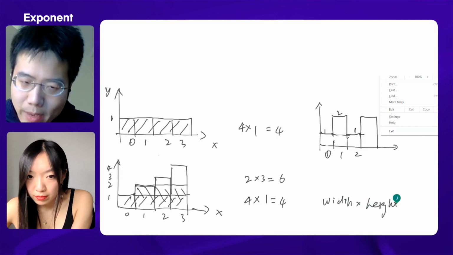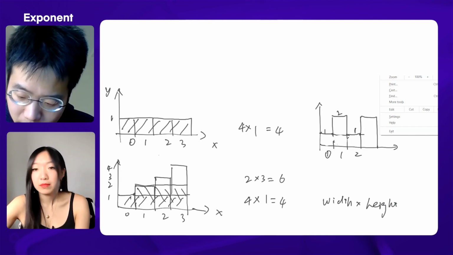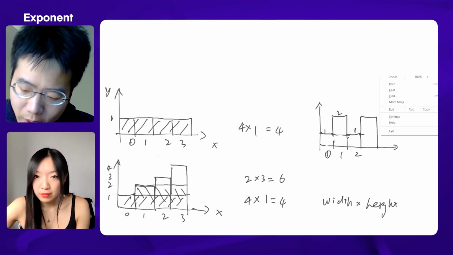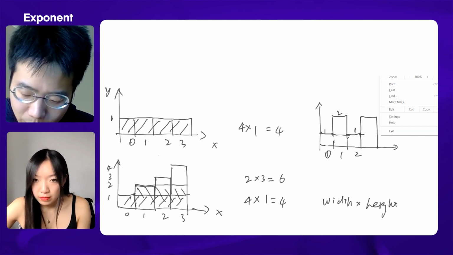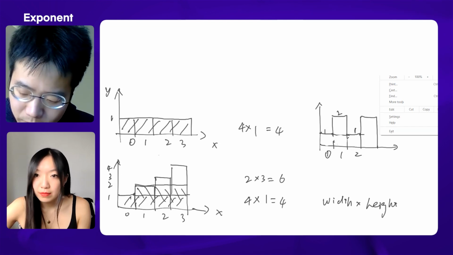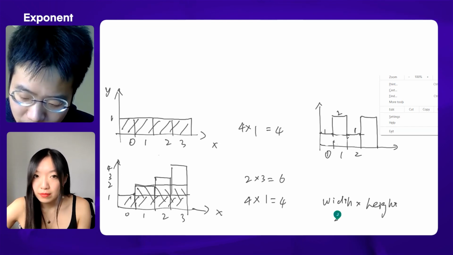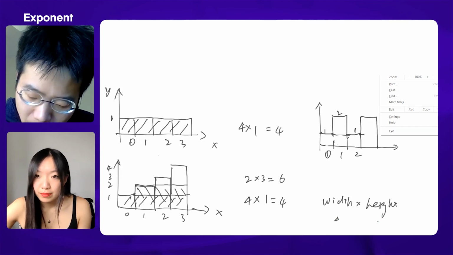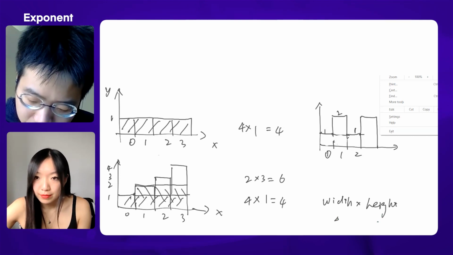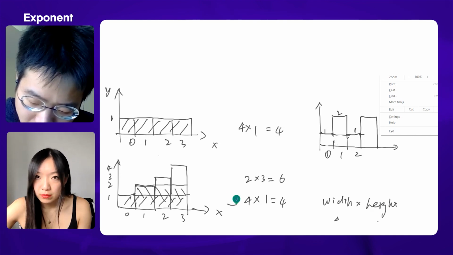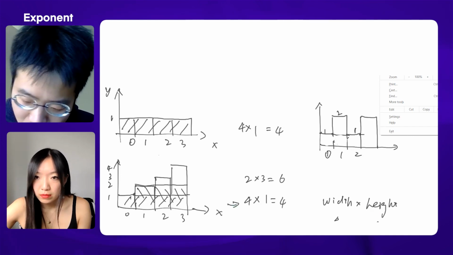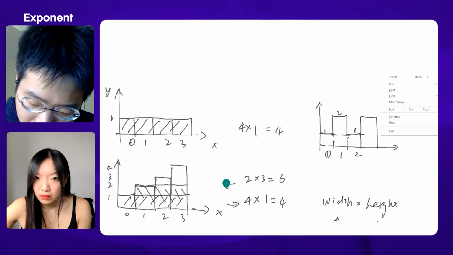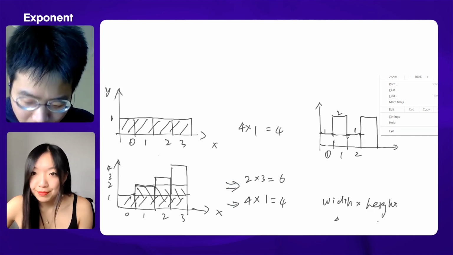To maximize this product, we probably want to select the largest width and the larger height. But here we have a trade-off. If we select the largest width, we end up with this solution. However, this is suboptimal, as we can actually reach a much better solution here.